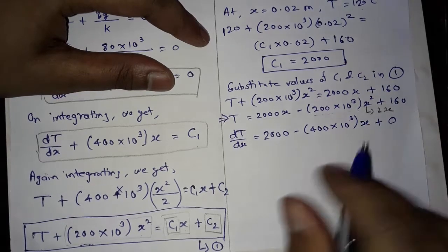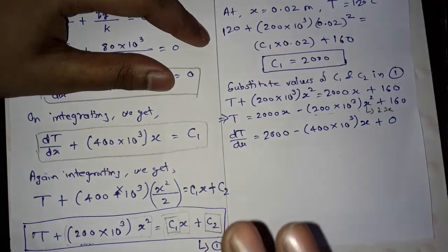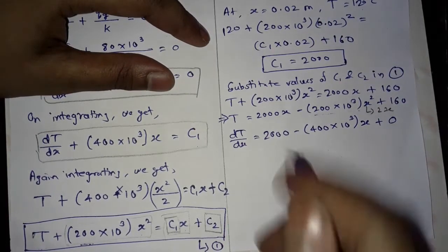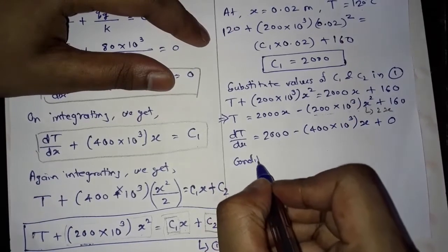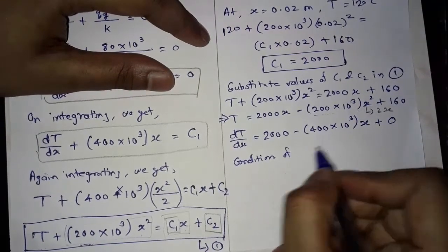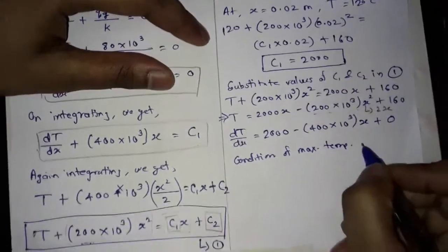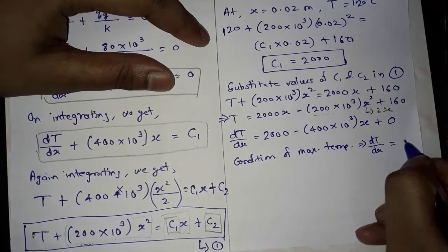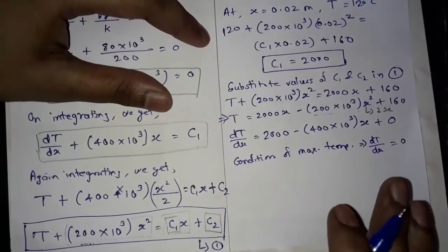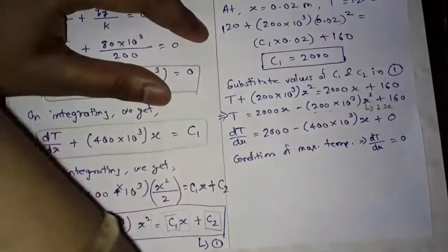Now we know, friends, we need to apply the condition for maximum temperature, which is dT upon dx is equal to 0.